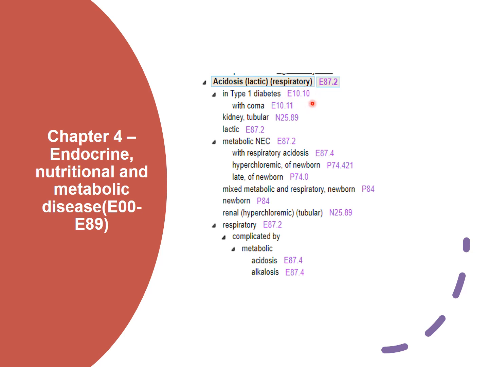Whenever the patient has DKA, we should report E10, not E87.2. If it is a kidney or tubular acidosis, N25.89. If it is hypochloremic of newborn, code with P74.421. So P codes are for newborns. So acidosis for metabolic, respiratory or lactic acidosis, the code is E87.2.